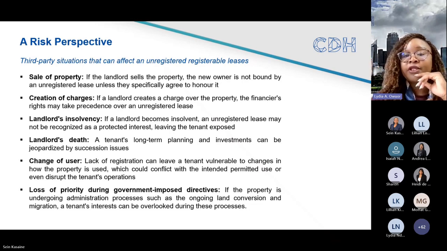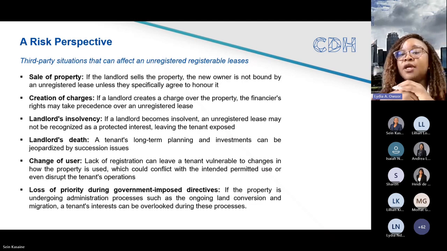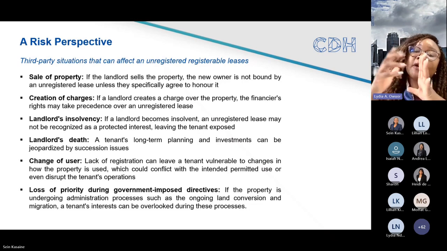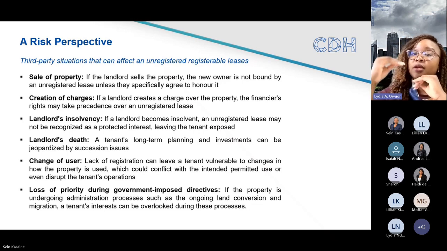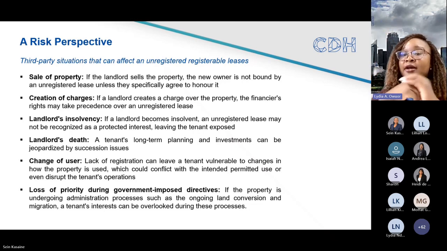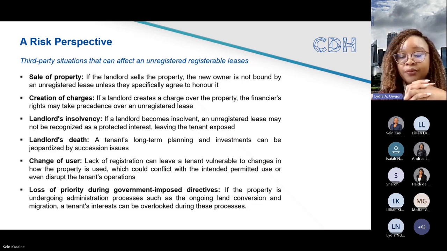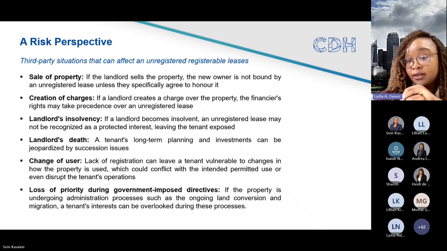And I've had separate conversations with clients who ask me, what if the lender wants to register their charge and they find that there's an existing registered lease against the property? Lenders don't want to be in that position where there's another interest that has been recorded prior to theirs, unless there are other arrangements like security sharing, inter-lender arrangements, etc. So what some lenders normally do is request a subordination of that lease.